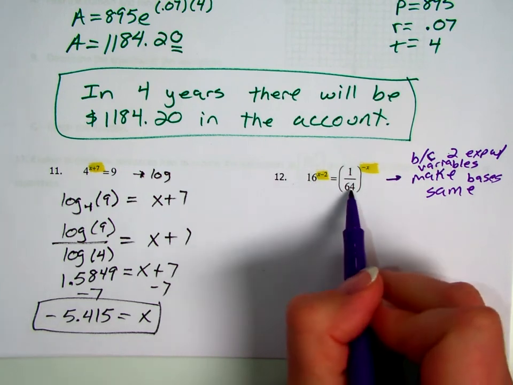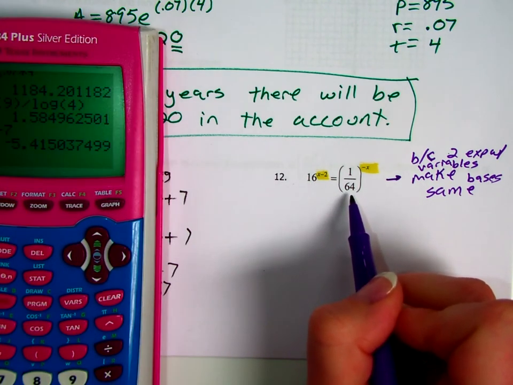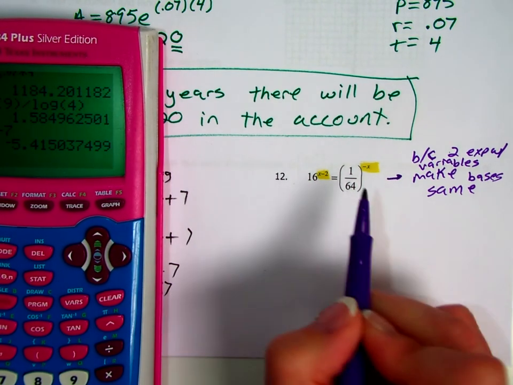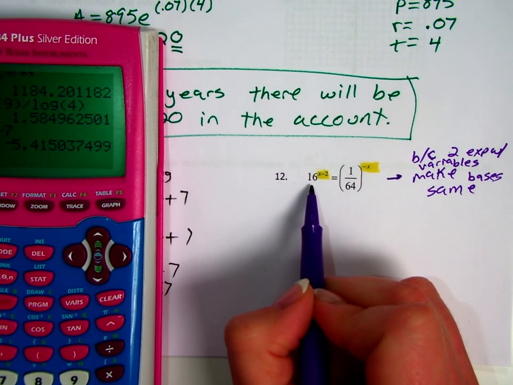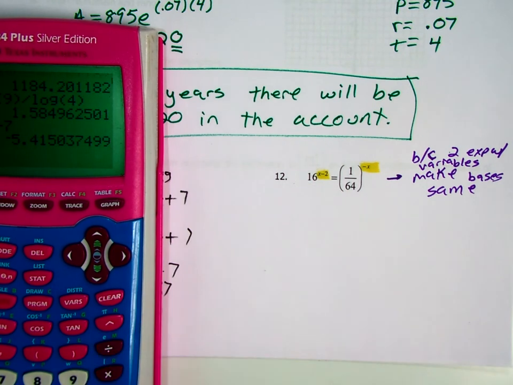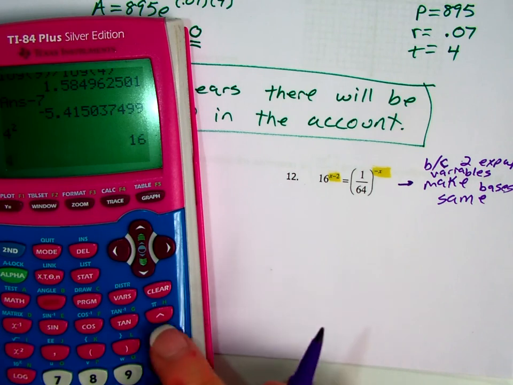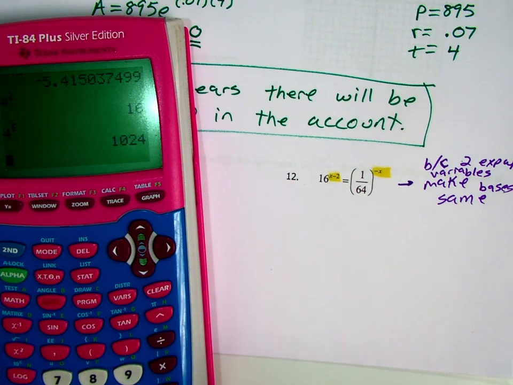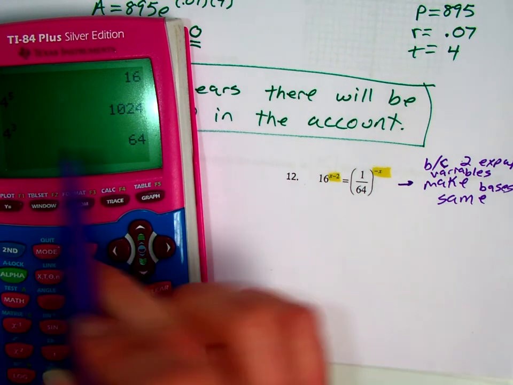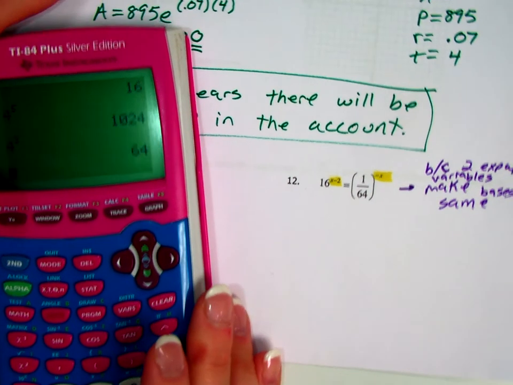So since this is 16, I'd be thinking, does 16 to any power give me 64? And the answer is no. But 4, let's see, 4 squared is 16, so that works. 4 times 4 is 16. Yep, so we can do 4 as the base for both of them, because 4 to the third power is also 64.